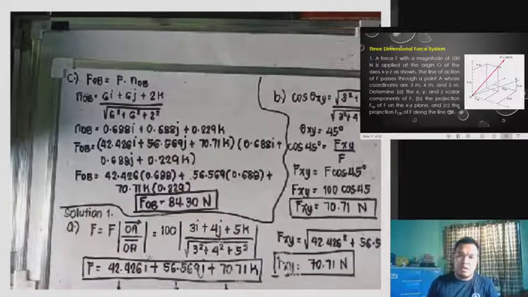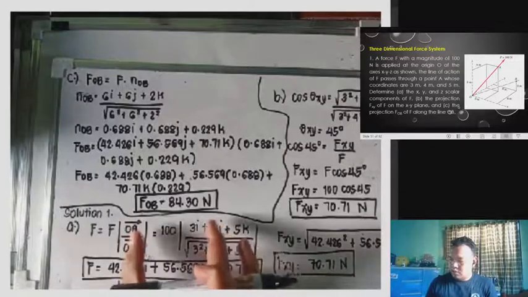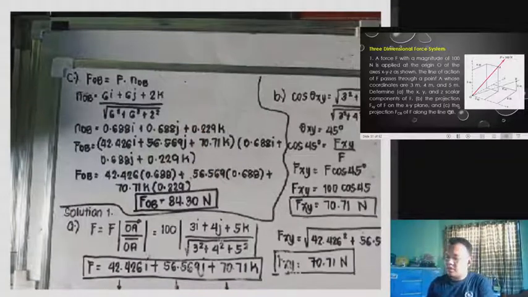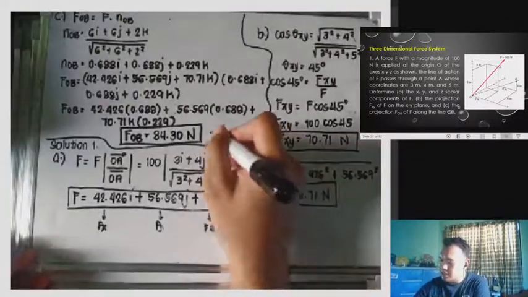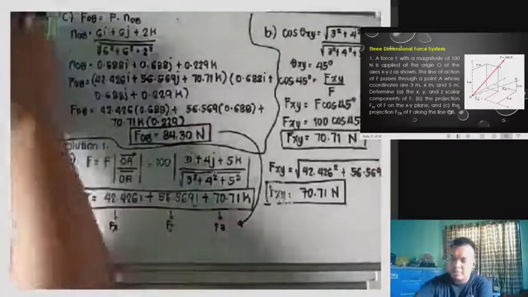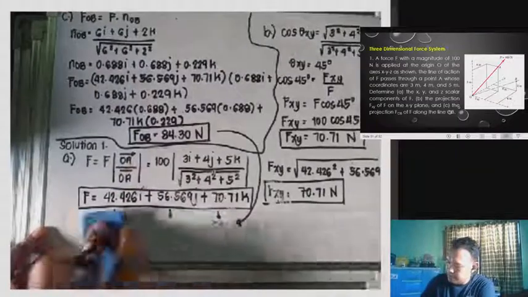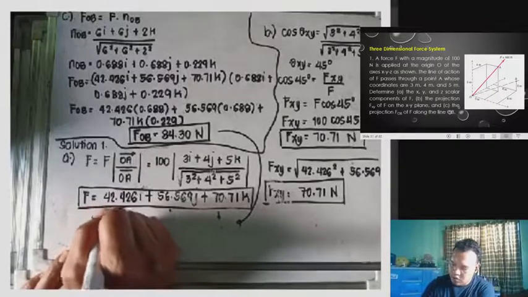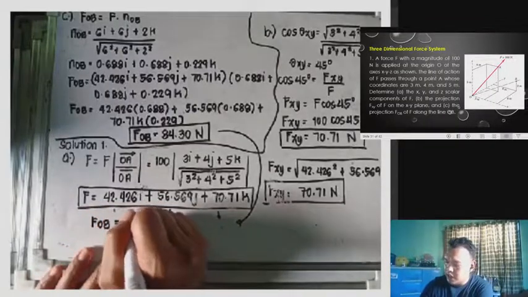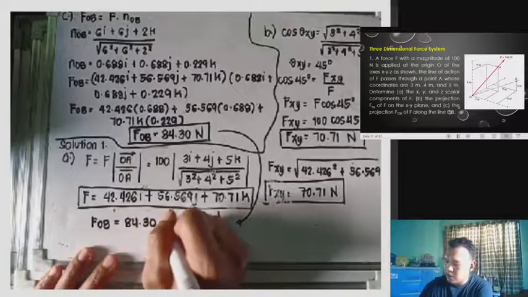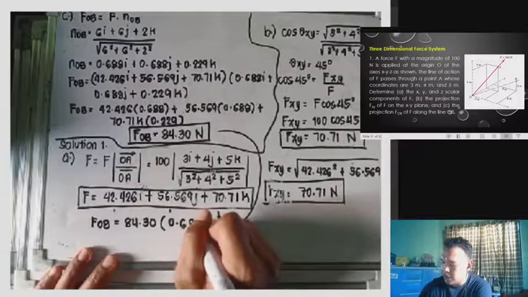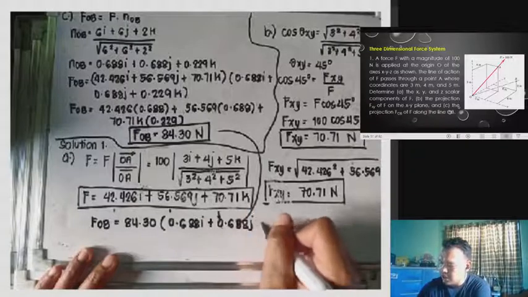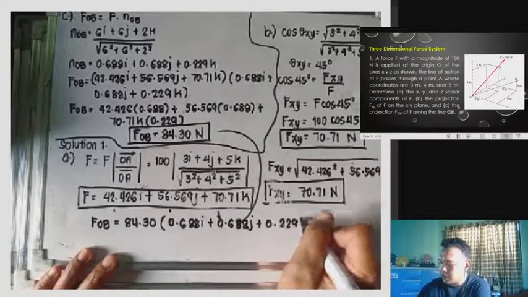Okay, to get the scalar component of FOB, you just multiply it here. So FOB in scalar component is 84.30 multiplied by 0.688i plus 0.688j plus 0.229k.